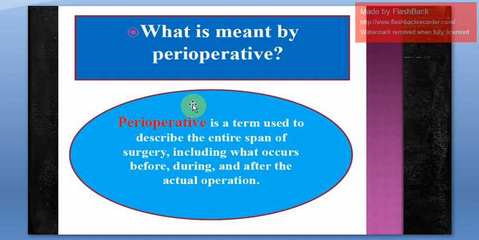Perioperative nursing is a term that refers to the entire span of surgery. Entire span of surgery refers to the process before the surgery, during the surgery and after the surgery. All these three stages are referred as perioperative nursing.